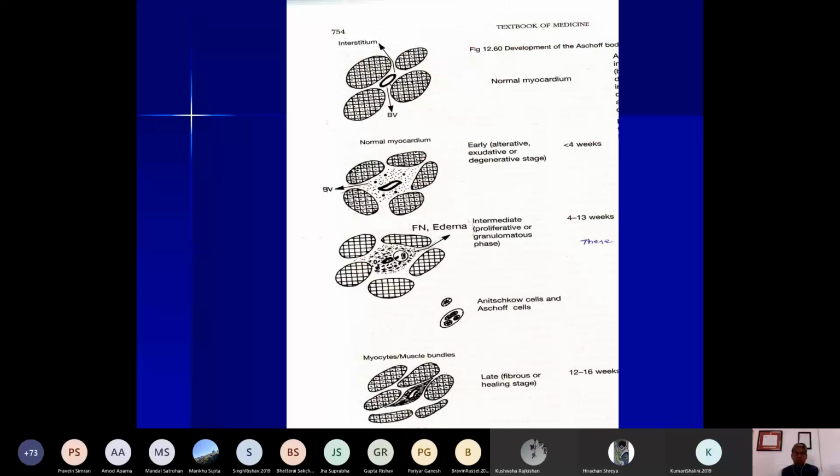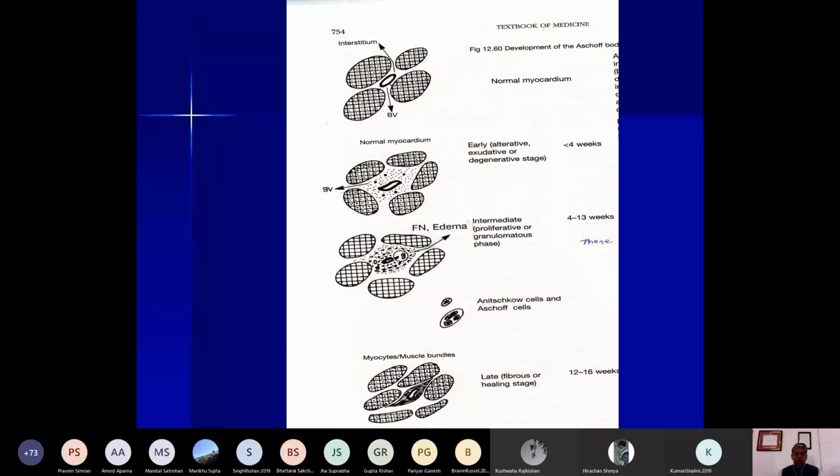Over a period of time, there is proliferation and constriction, and then fibrosis, which can lead to narrowing or obliteration of the blood vessels, and a chronic inflammatory process or granuloma formation, which is characterized by Anitschkow cells and Aschoff cells.